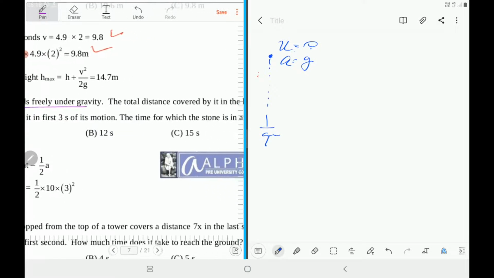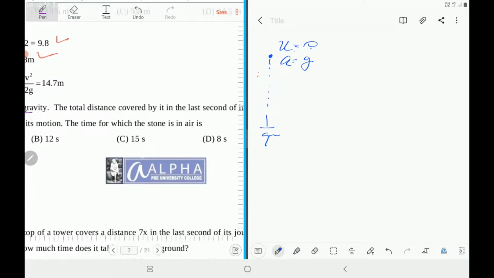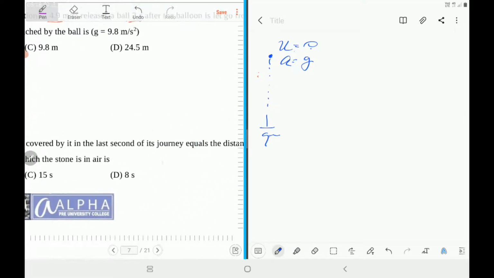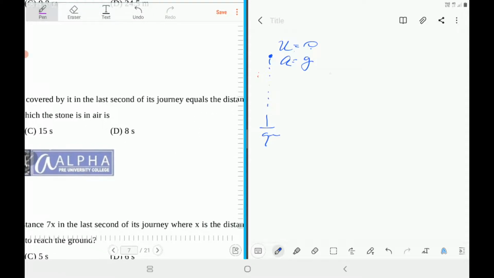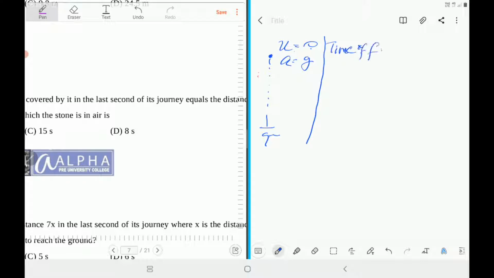Now total distance covered by it in the last second of its journey. Total distance covered in the last second, the last nth second. Now let's suppose the total time of fall is n seconds. Time of fall n seconds, but distance in the last nth second, I write like this.